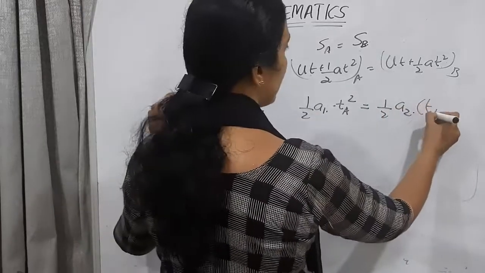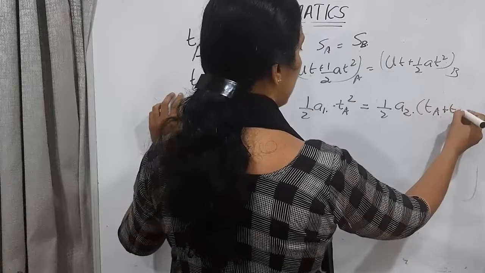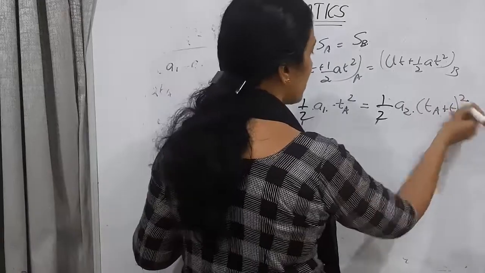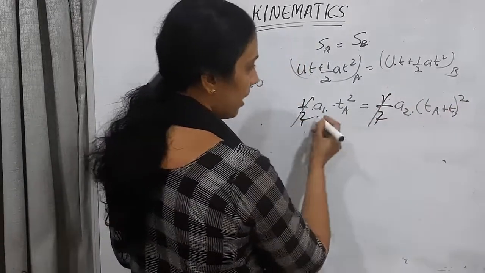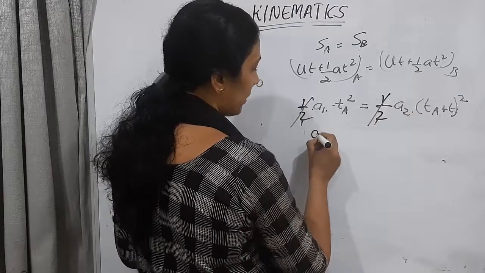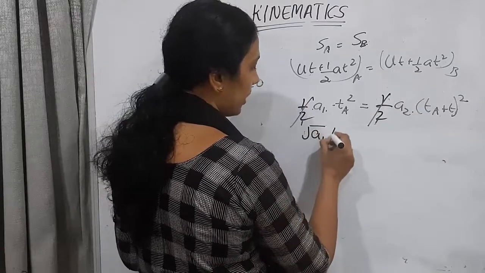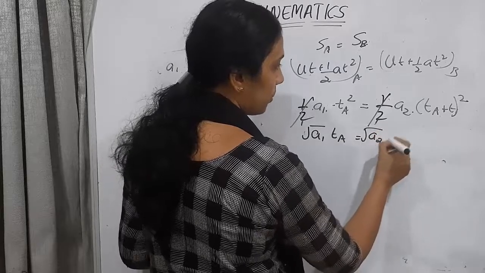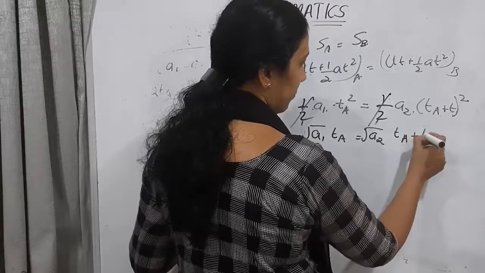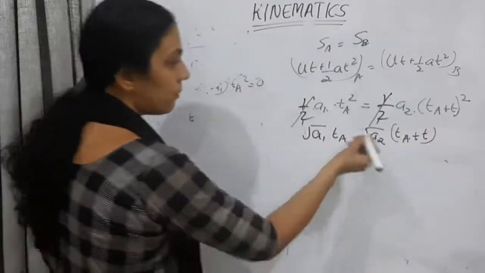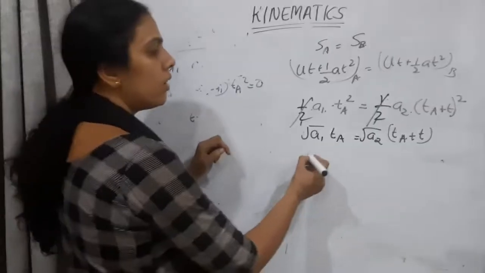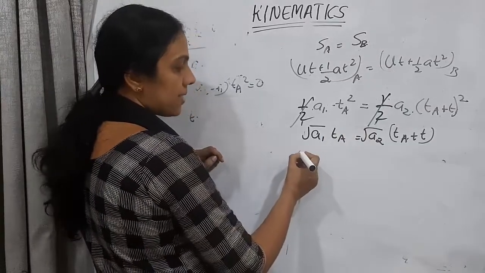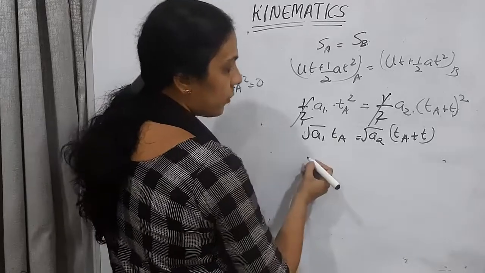We can write TB as TA plus T, the whole square. So here we are cancelling half and half, then we will get root A1 into TA will be equal to root A2 into (TA plus T). Okay, so here we don't know what TA is, right? For that we can write an equation for TA.